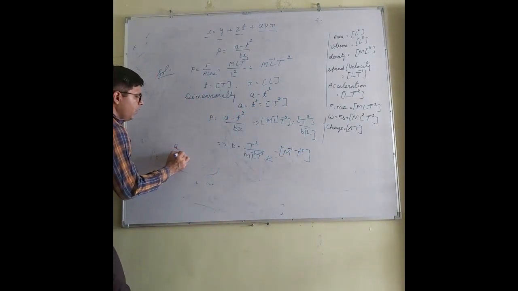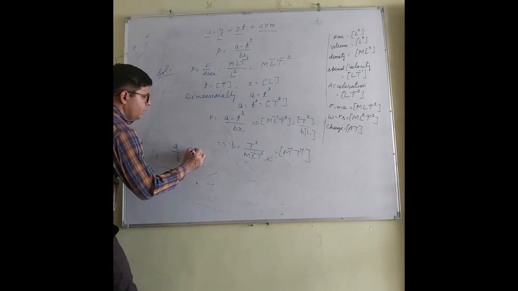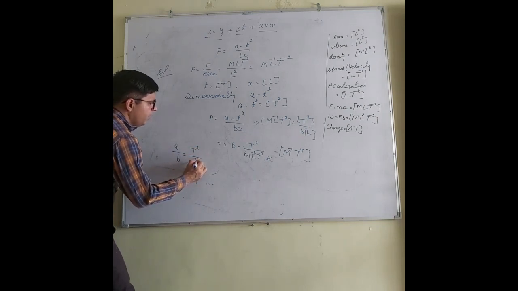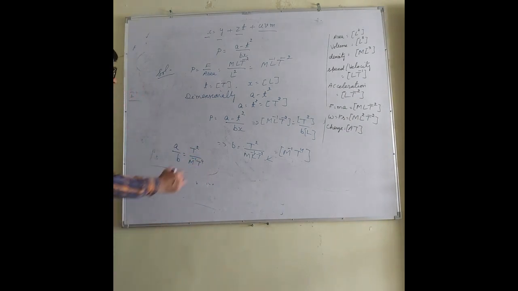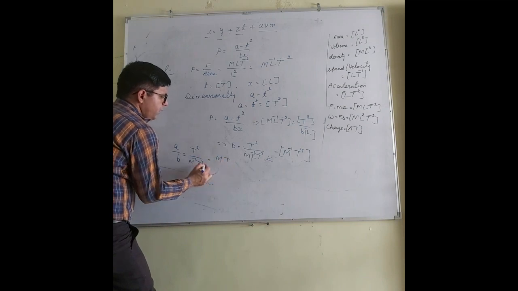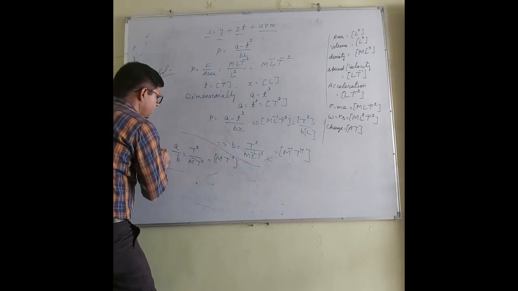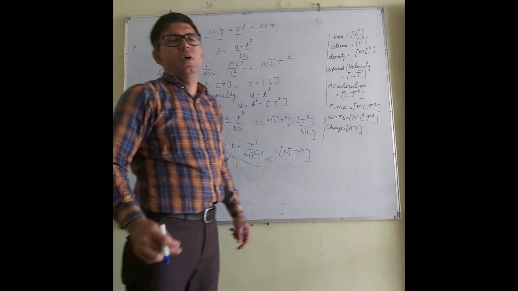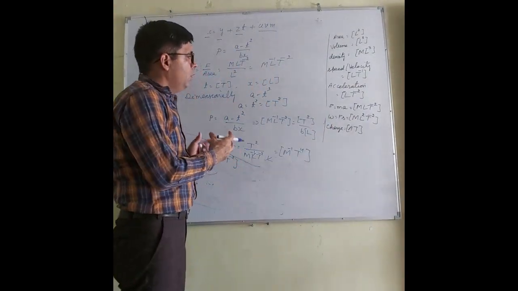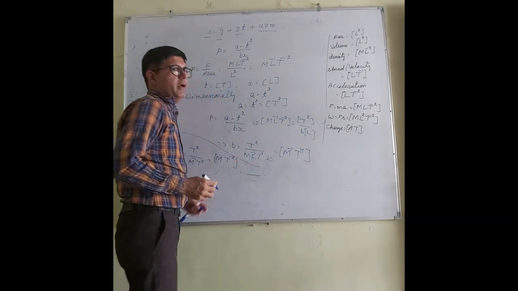Now what is A over B? A is T square. And what is that of B? M minus 1 T4. So this M is shifted to the numerator, it is M plus 1. And 2 minus 4, that is minus 2. So this is the dimension formula of A by B. So in this way, we can solve the problem. Note down these concepts in your notebook. Make the notes. Thank you and have a nice day.